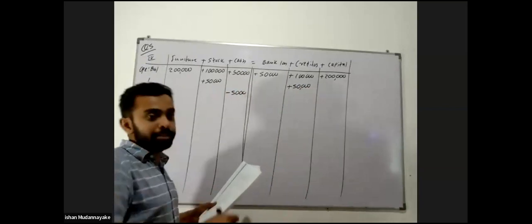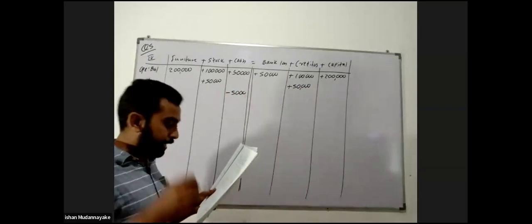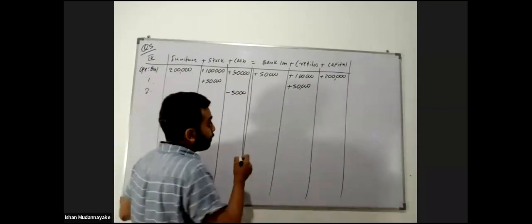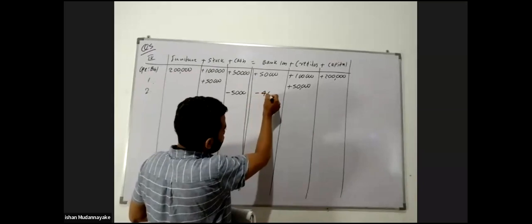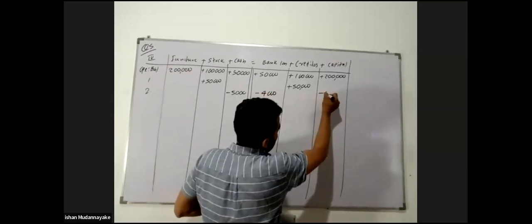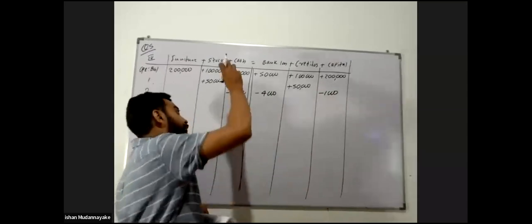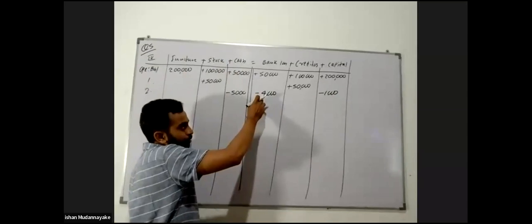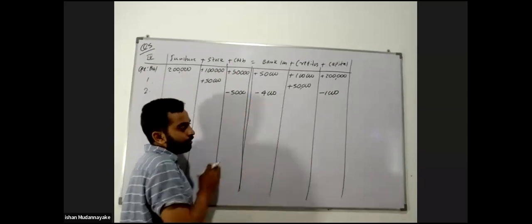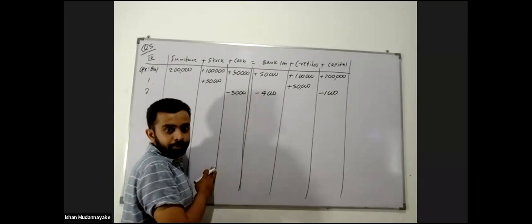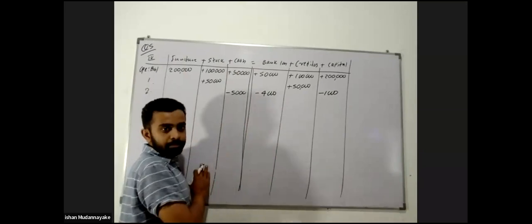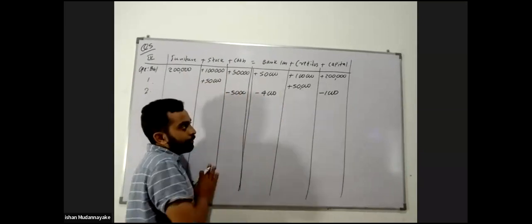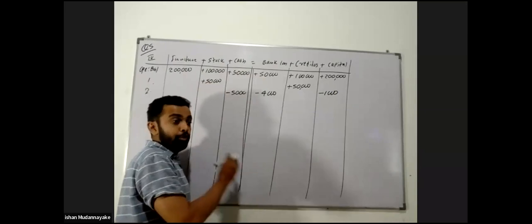It includes 1,000 interest. It means bank loan repayment is 4,000. Interest payment is 1,000. So cash minus 5,000, bank loan minus 4,000, capital minus 1,000. That's the answer.